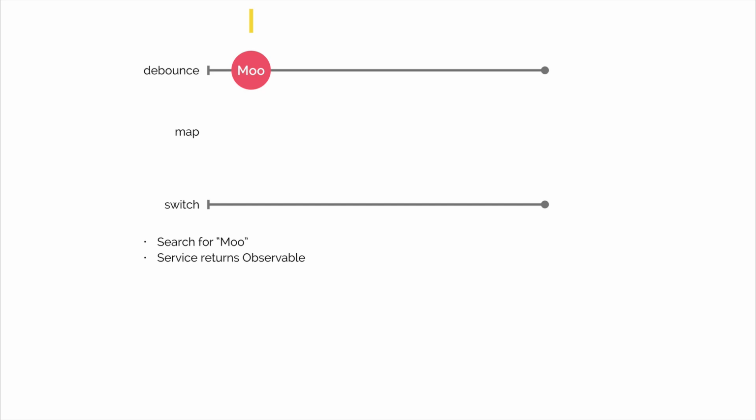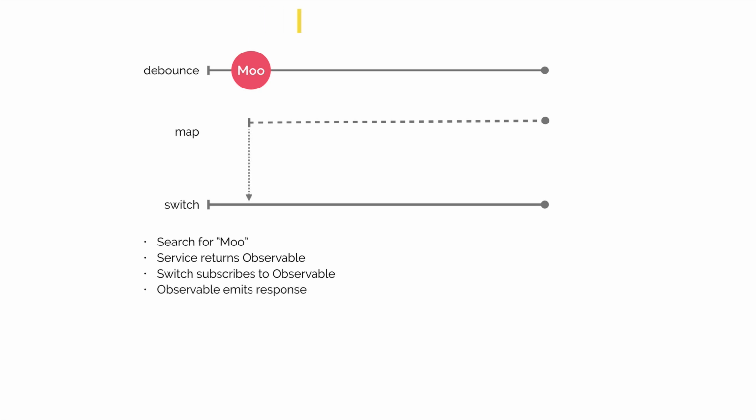Then our map operator gets the search term moo, calls our service, which returns an observable. That observable is emitted by the map operator, and so the switch operator then subscribes to the observable, and then sometime later that observable emits a response. Because the switch operator had subscribed to that observable, it then gets a copy of that response, and it then emits that response to its output stream.